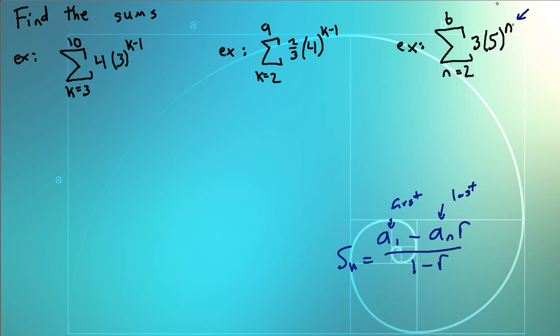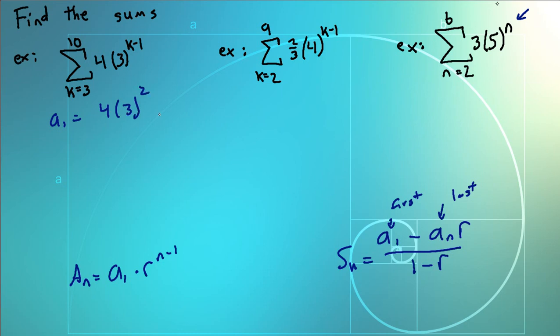So that this isn't an n minus 1 doesn't matter. So how do I know that these are geometric? Well, they have the same form as the geometric formula, which is this. Same general form.